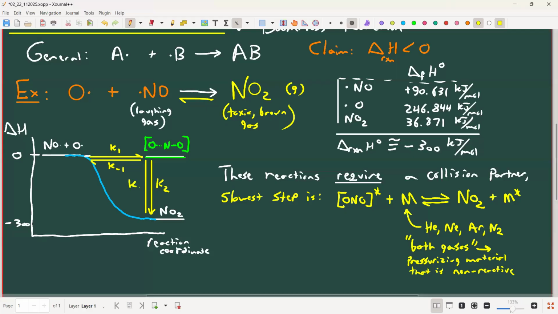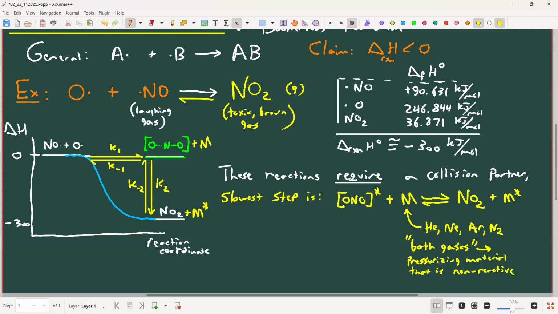So there's actually an equilibrium, because what we have here is a bath gas, this M, this collision partner, exchanging energy with the excited state. So to Angie's point, there is an equilibrium. Well, we can work through the kinetics of this and do the steady state approximation and all that, but that's not really what we need to do.